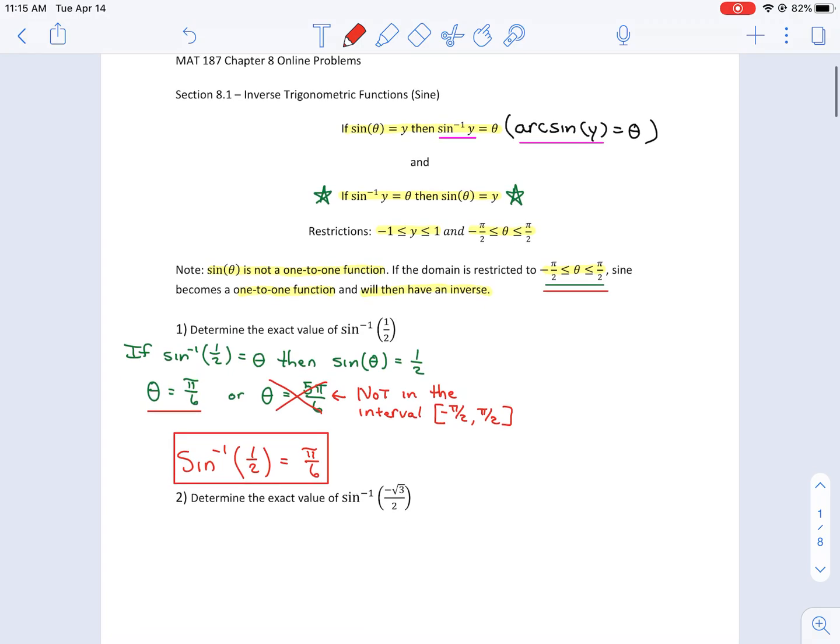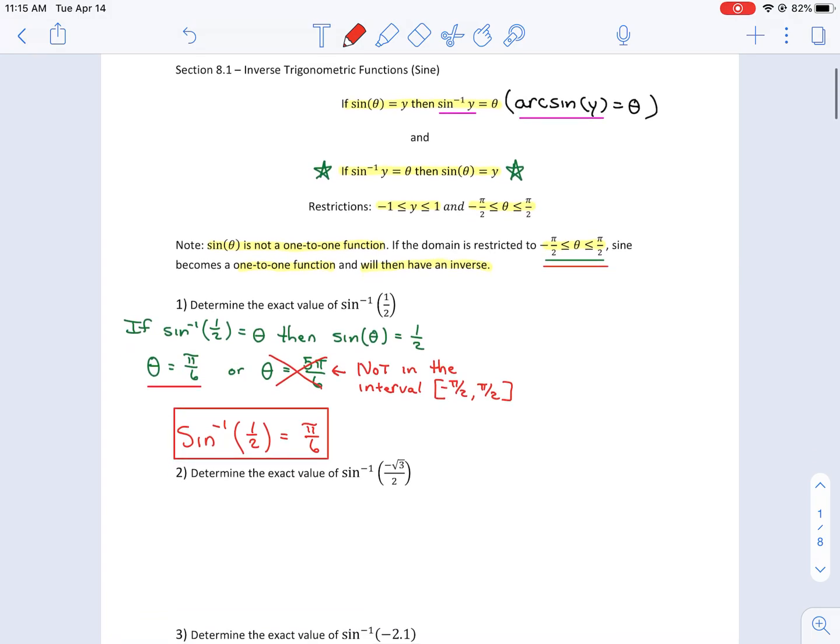Example 2. Determine the exact value of the inverse sine of -square root of 3 divided by 2. I'm going to start this problem exactly the same way I started example 1, and that was by writing out the sentence.